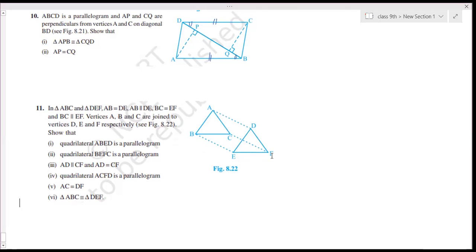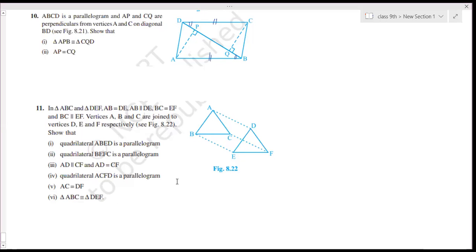BC is equal to EF and is also parallel, so it is again a parallelogram. We have to show AD is parallel to CF. Now we know that BE is parallel to AD and we also know that BE is parallel to CF, so AD is parallel to CF.